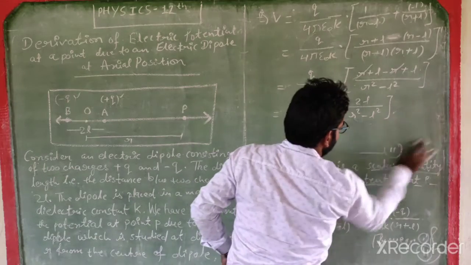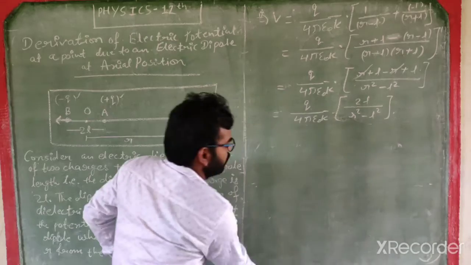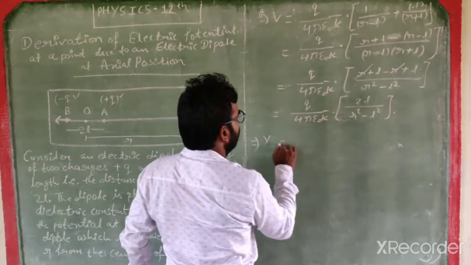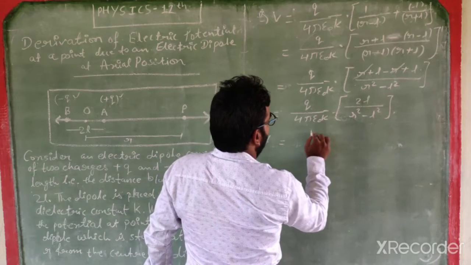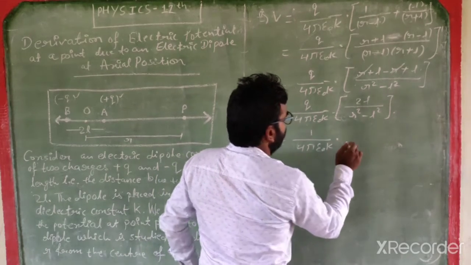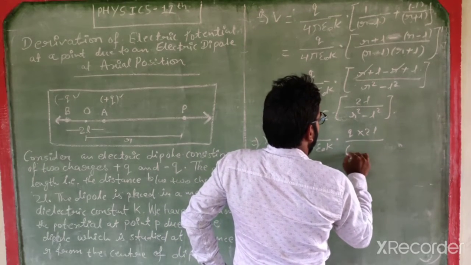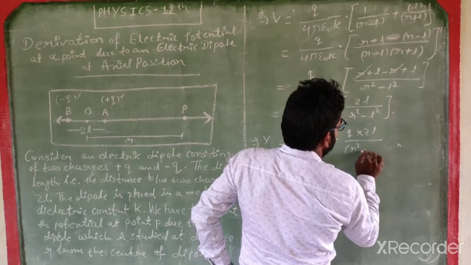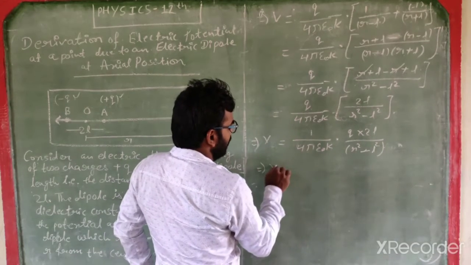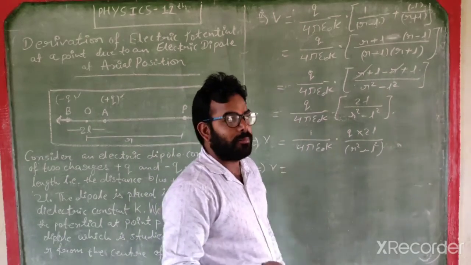So we have V is equal to 1 upon 4 pi epsilon naught K into Q multiplied by 2L upon R square minus L square, and Q into 2L is the electric dipole moment.